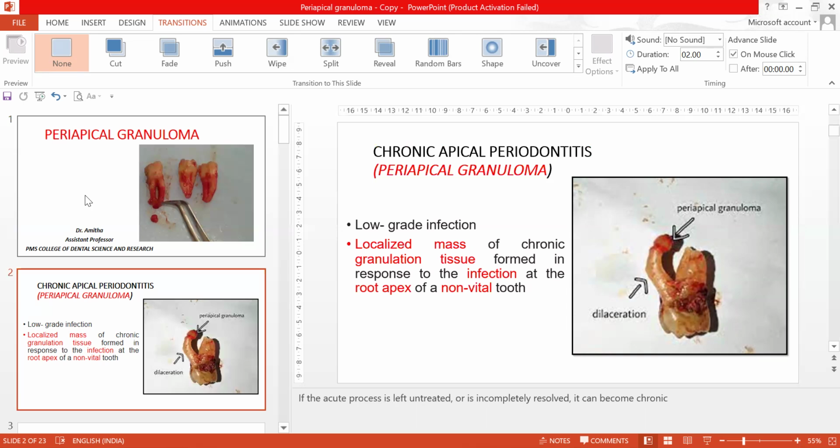The term periapical granuloma is a misnomer because the lesion is chronic inflammatory in composition and not a tumor. The term granuloma denotes granulomatous tissue, that is, granulation tissue and chronic inflammatory cells infiltration in a fibrous connective tissue stroma.